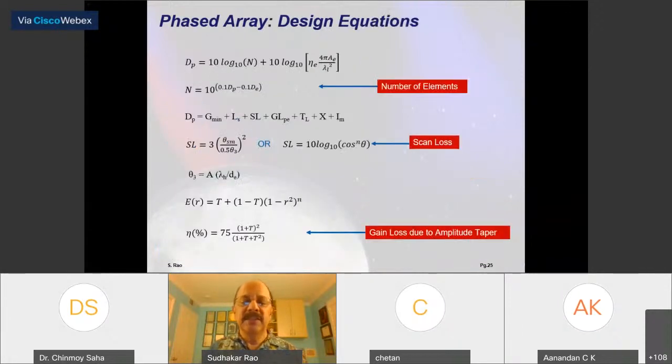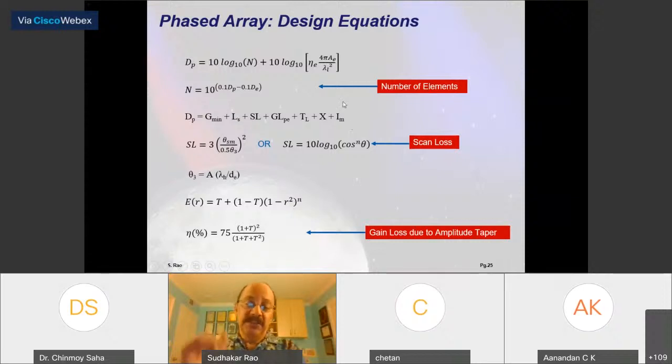And these are some equations. You can refer to one of my papers or the textbook. You can calculate how many elements you need based on the required directivity and the element directivity. Sometimes for directivity you have to take into account all the losses: cross-pol losses, scan losses, the insertion loss between the amplifier and element, etc., and some implementation margin.